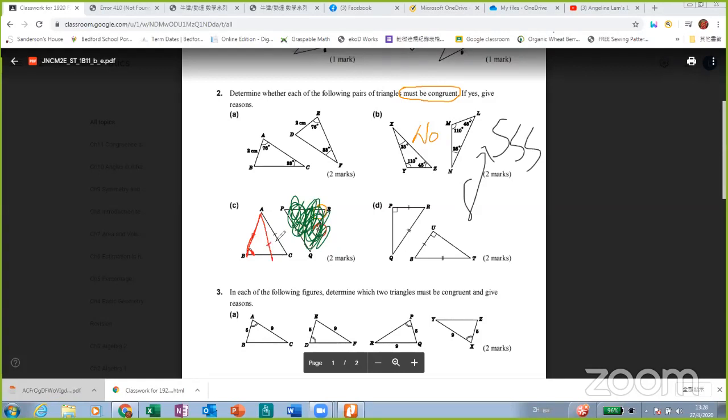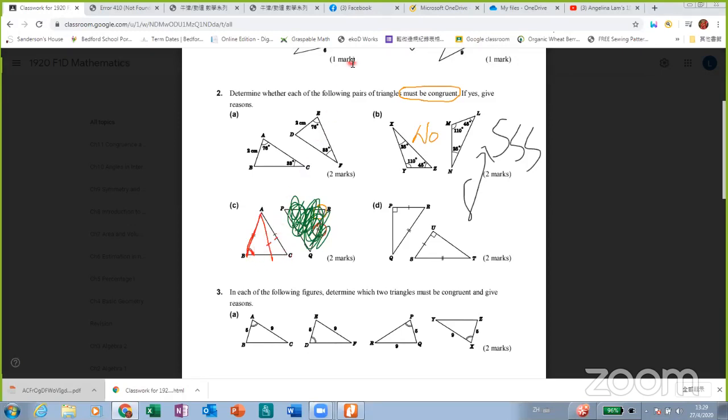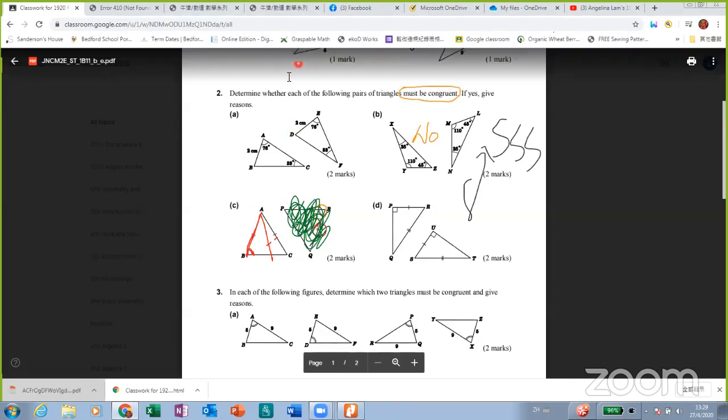It means these two are the same. Because I don't have any information of this length of BC. I don't have any information of this one. Therefore, it means I can draw another triangle. Okay, AB, I follow this length.